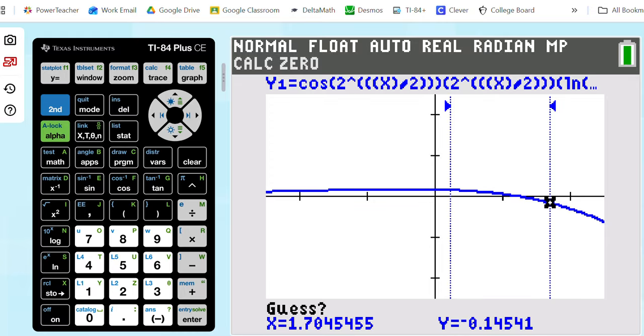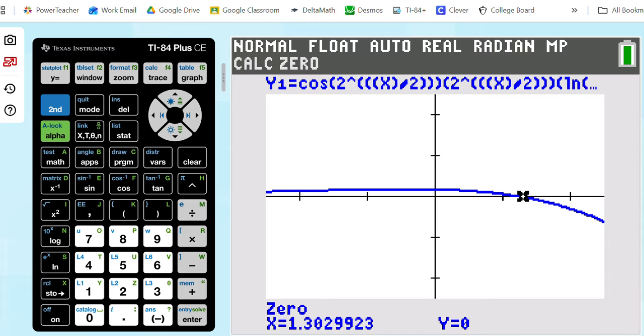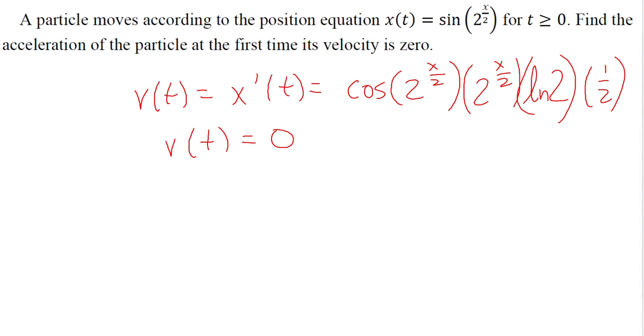Hit enter. Now in guess we'll hit enter again. And it looks like we end up getting 1.3029923. So we'll go back here. We'll say that happens when t is equal to 1.3029923. And we want the acceleration at that point.